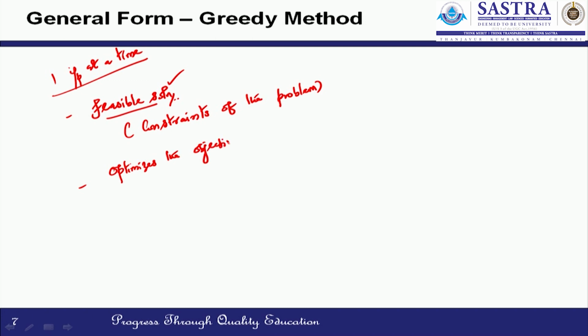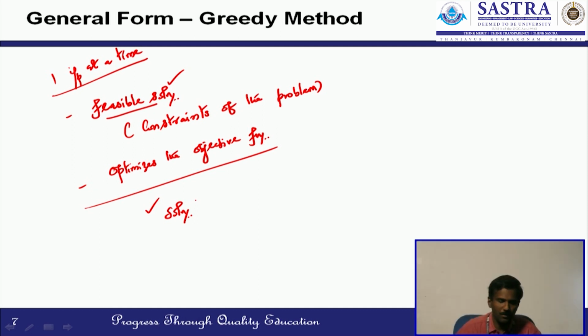The objective function is optimized. That means any feasible solution that optimizes the objective function is taken into the actual solution vector of the given problem. So in this logic, applying the greedy method, we need to consider the n inputs.